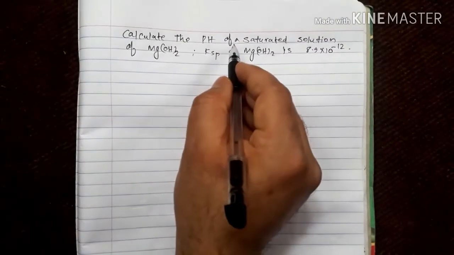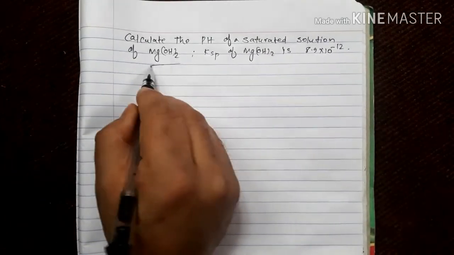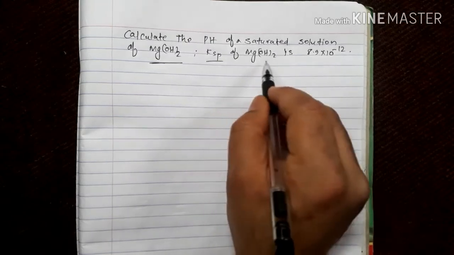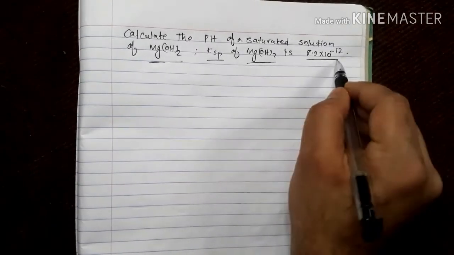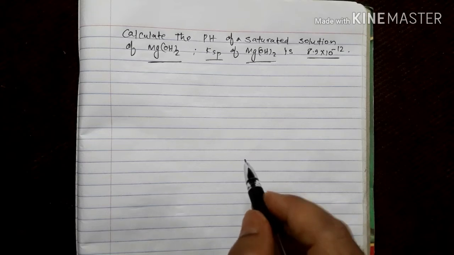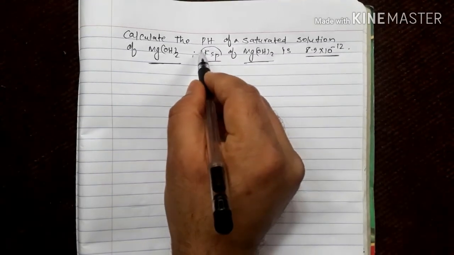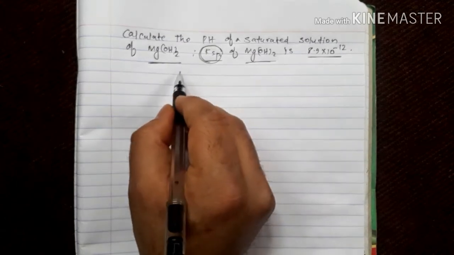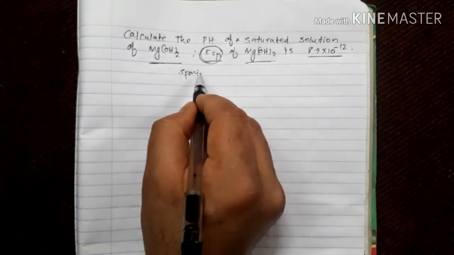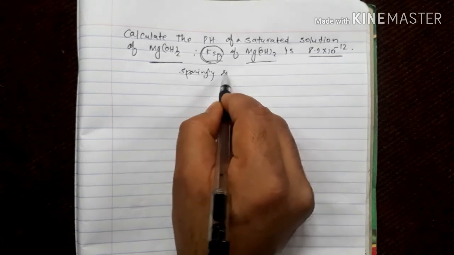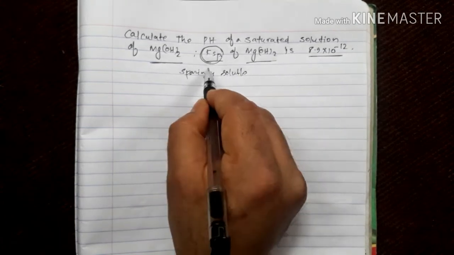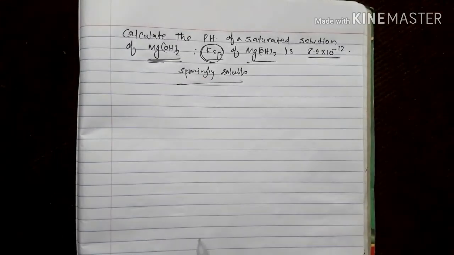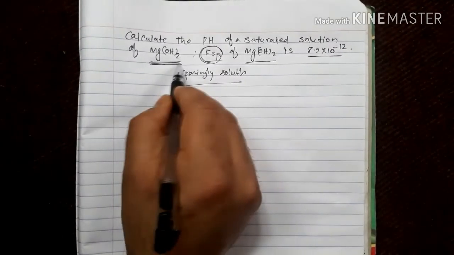Calculate the pH of a saturated solution of magnesium hydroxide. The solubility product Ksp of magnesium hydroxide is 8.9 into 10 to the minus 12. The Ksp solubility product principle is applied for sparingly soluble salts, like magnesium hydroxide and others.